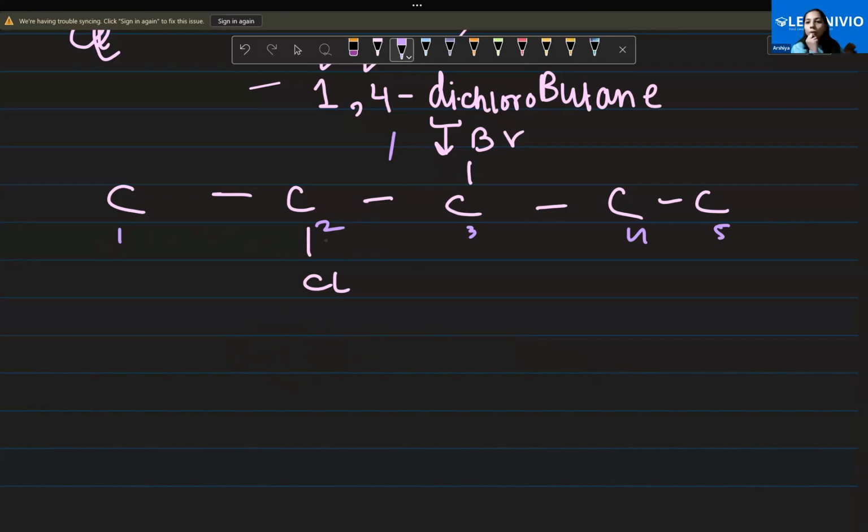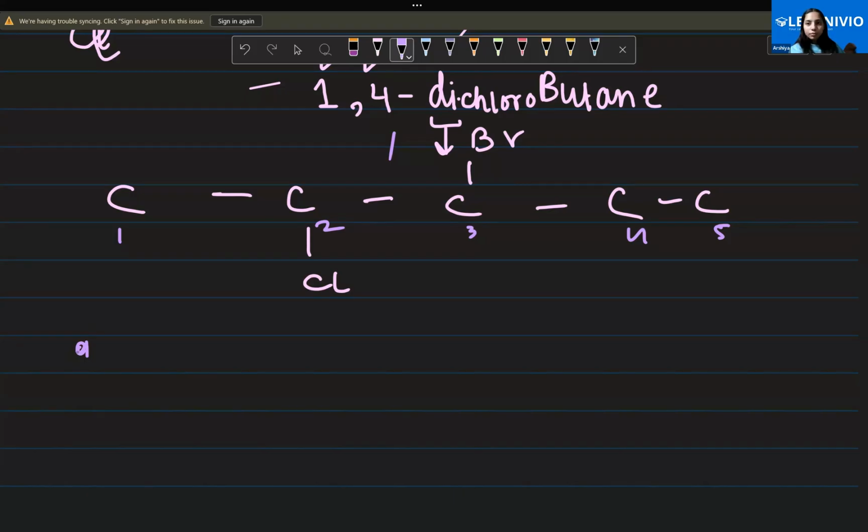Now the thing is, which one should I write first? Should I write chlorine first, or bromine first? According to you, because chlorine is coming first, you should write chlorine first. But there's one more rule: alphabetical order. You have to follow alphabetical order, because B comes before C, so you will write bromo first.